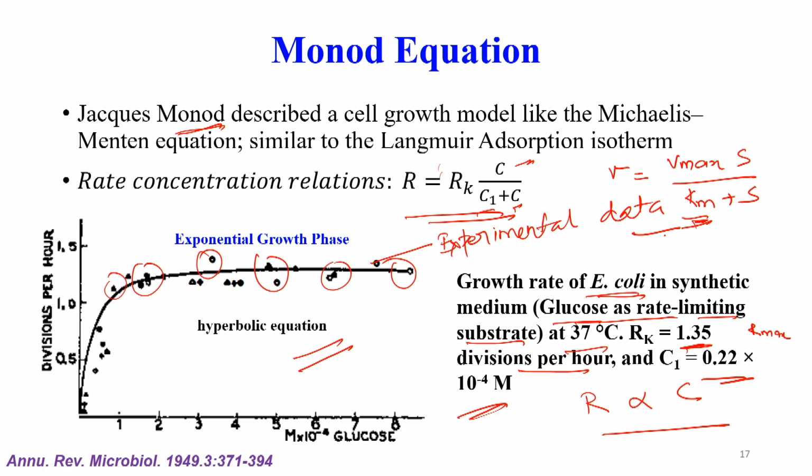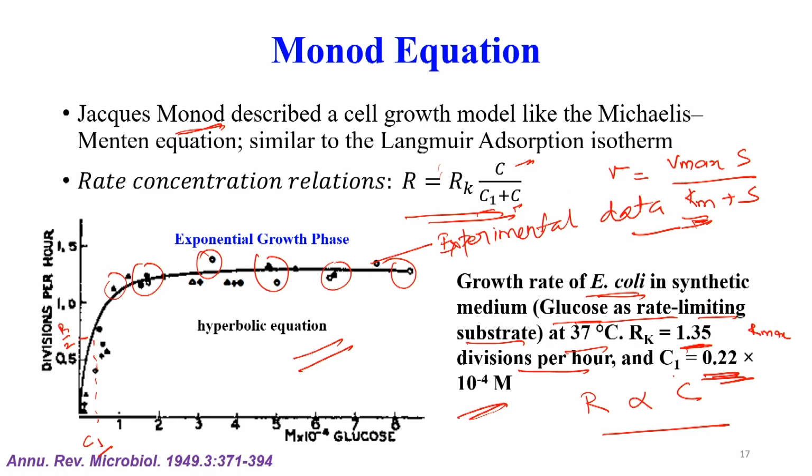Km value is the substrate concentration when V equals V max upon 2. So, here similarly, when the value is half, let us say R max by 2, the corresponding value is C1, and that value is coming out to be 0.22 into 10 to the power 4 mole. So, C1 is similar to the Km and Rk is similar to the Vmax.